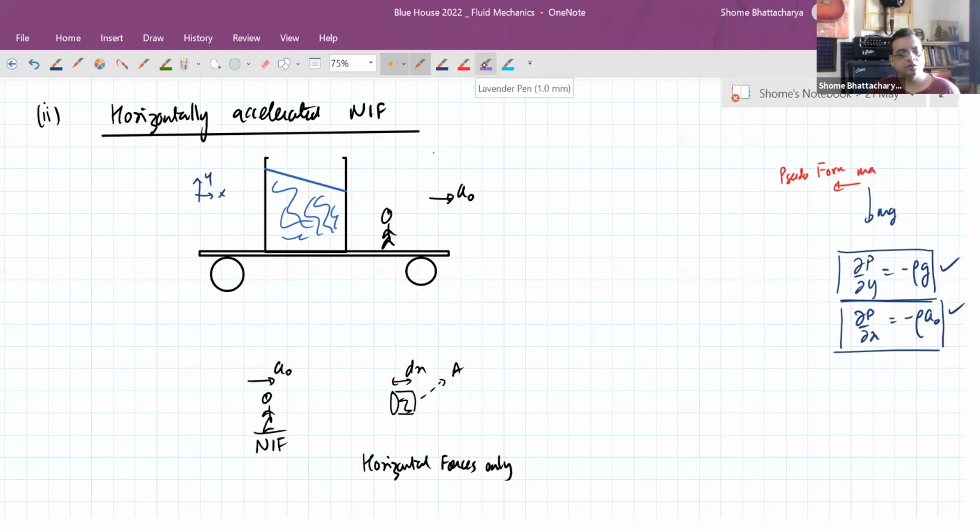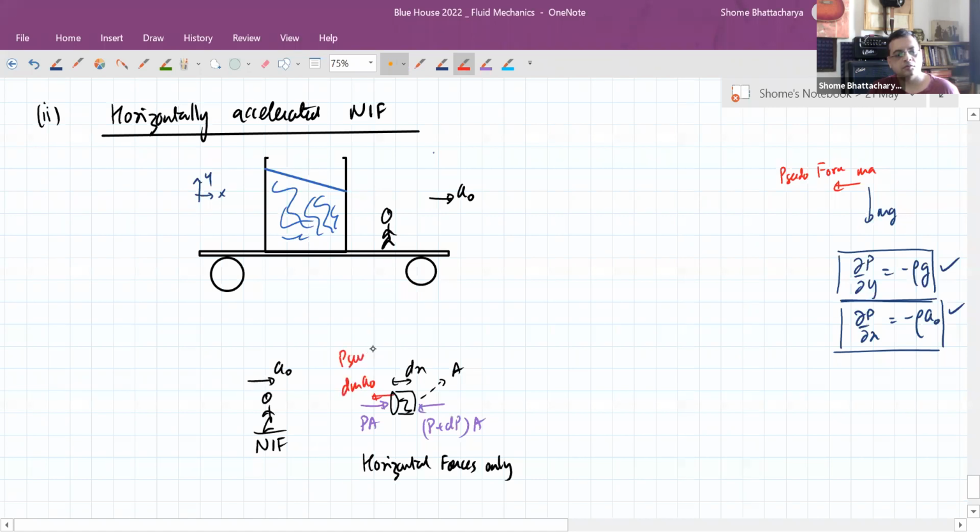So pressure into area, and pseudo force, because this one is at rest with respect to this non-inertial observer.